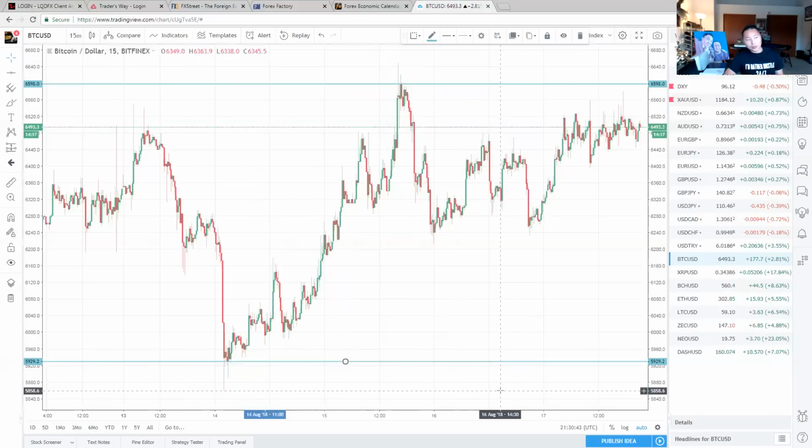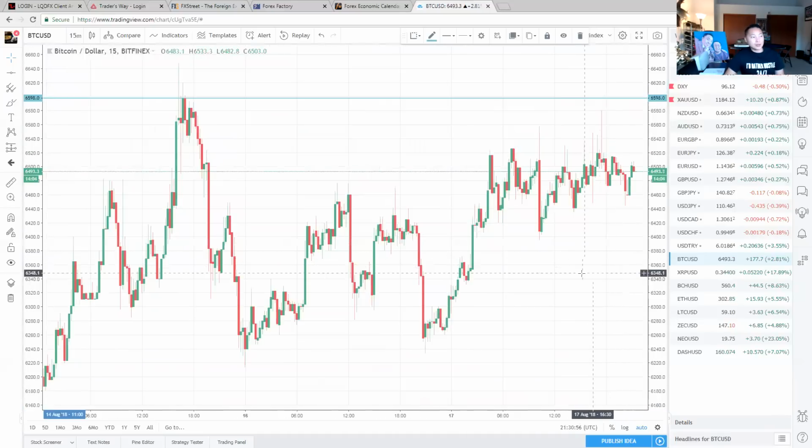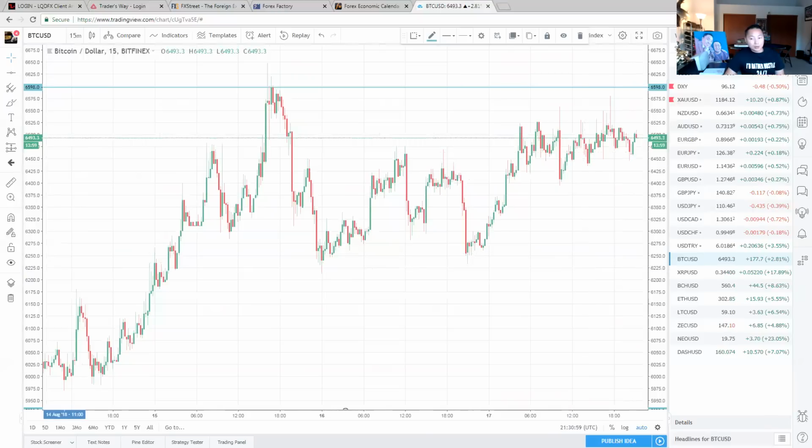So it's a $700 price gap, and the price is sitting at pretty much 6,500. So it's closer to resistance. Can it create a massive uptrend? Yes, it can. But overall, what I'm looking at right now is to sell it because it hasn't decided to even break all this anyways.